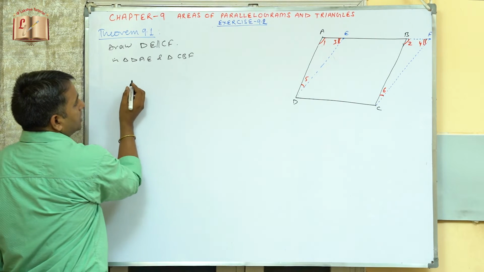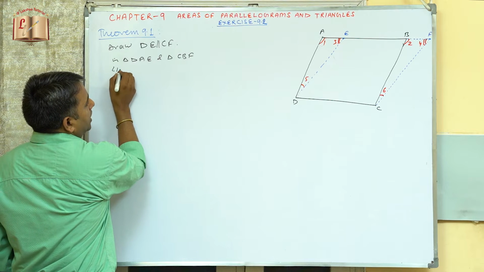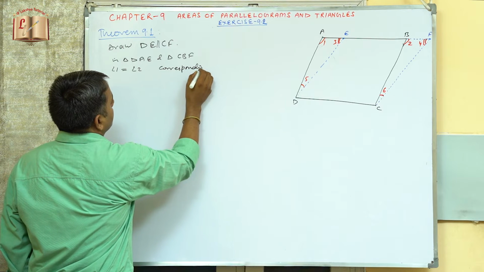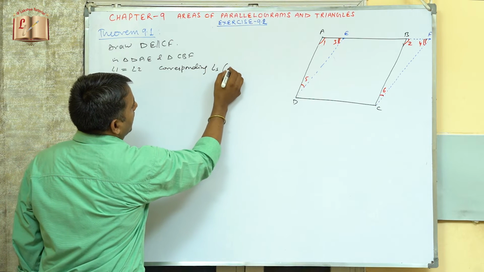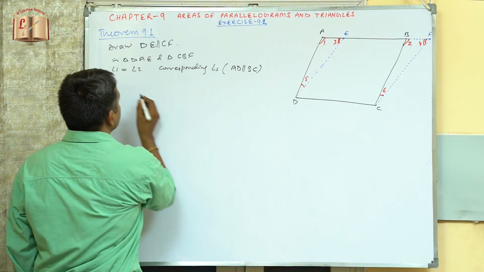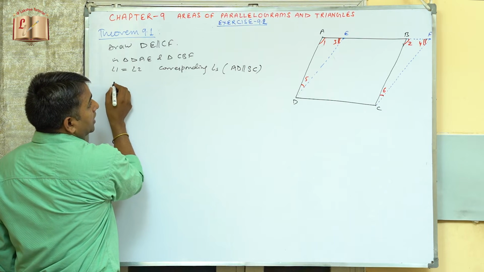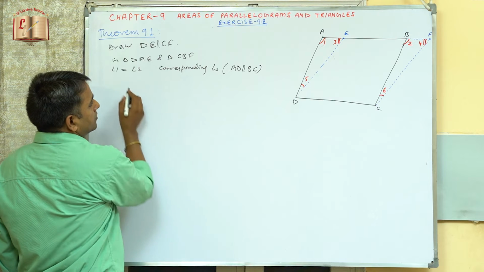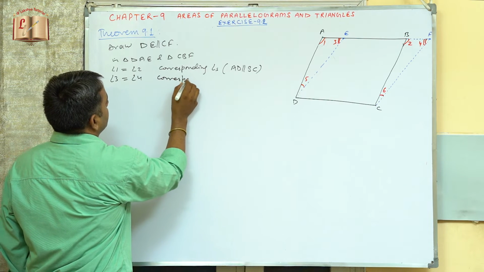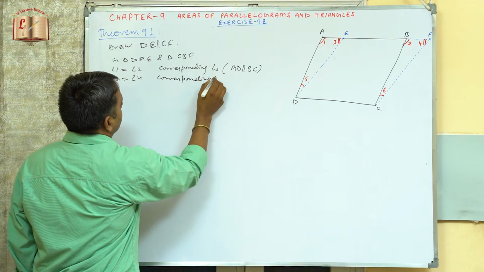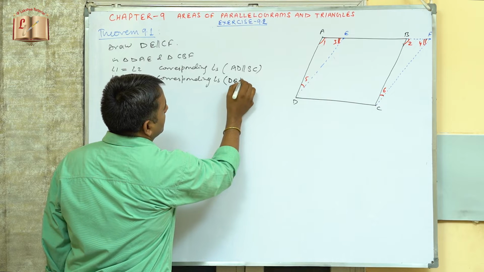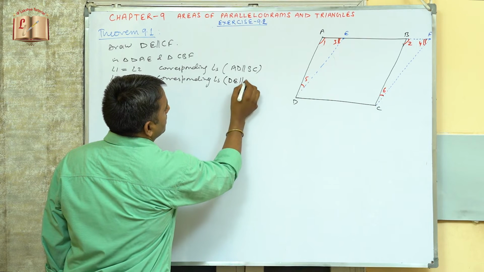Now in these two triangles, angle 1 is equal to angle 2, corresponding angles, because AD is parallel to BC, and angle 3 is equal to angle 4, again corresponding angles, because DE is parallel to CF.